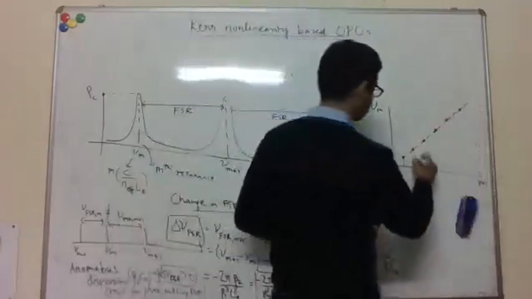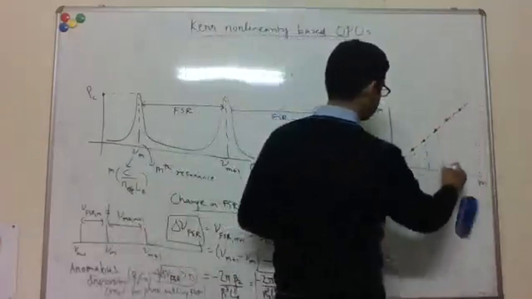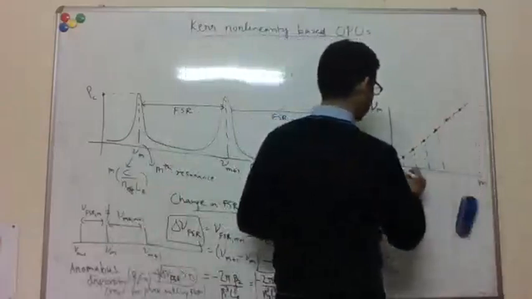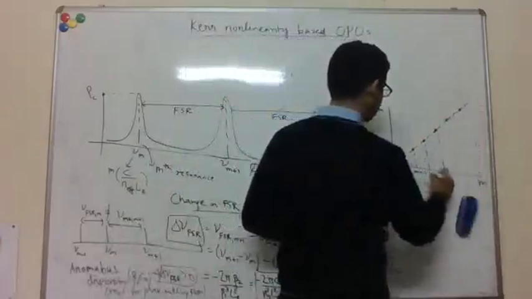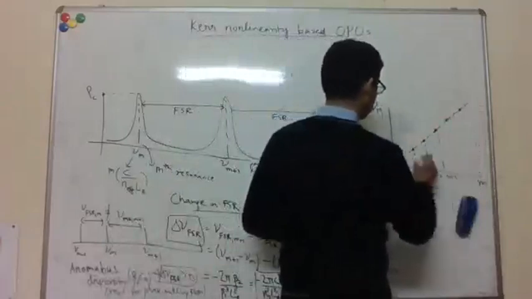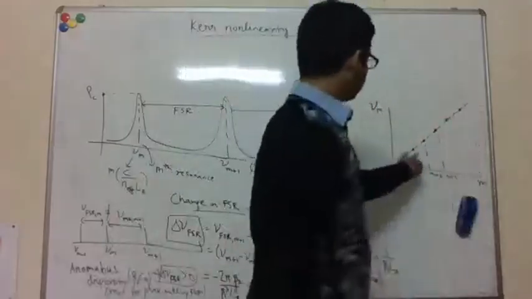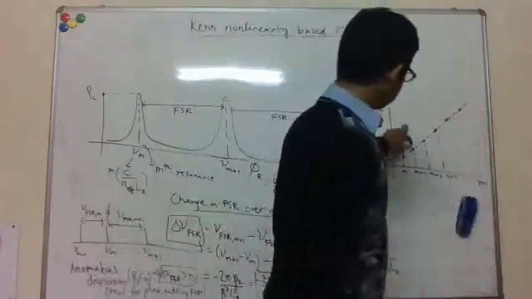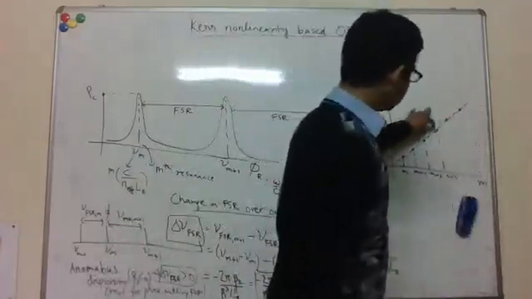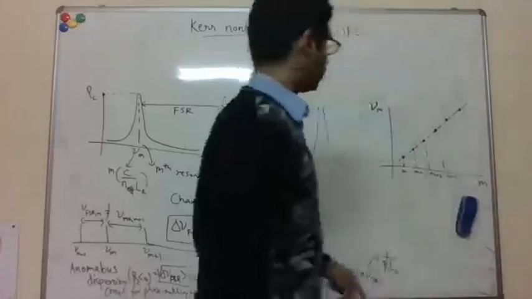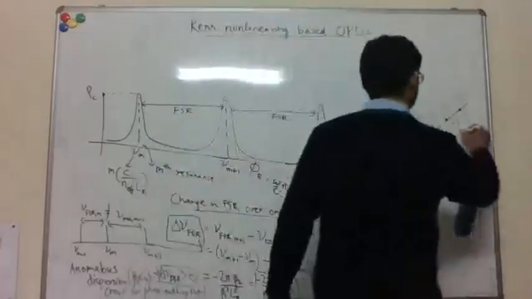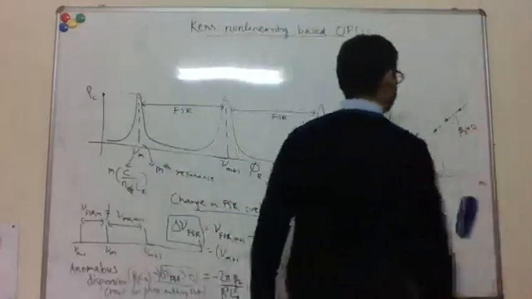So this is some particular m, then m plus 1, m plus 2, and the FSR is basically constant, so it's not varying with mode number. So this is the case for 0 GVD.